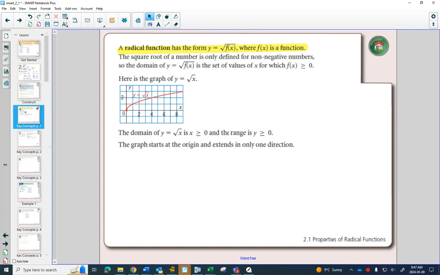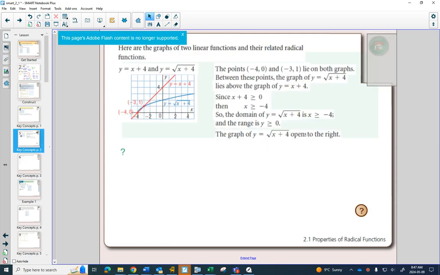But here's our square root of x graph. We know that graph already. You could do all the transformations of that as possible. We could also graph the square root of x plus 4 using transformations. All you would have to do is move the square root of x 4 to the left.